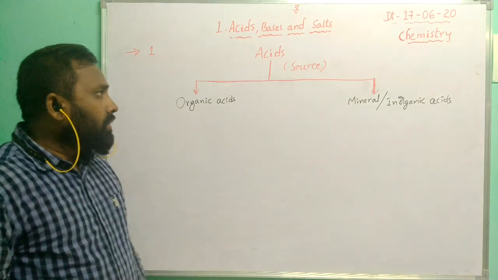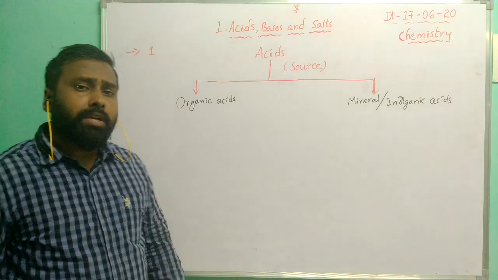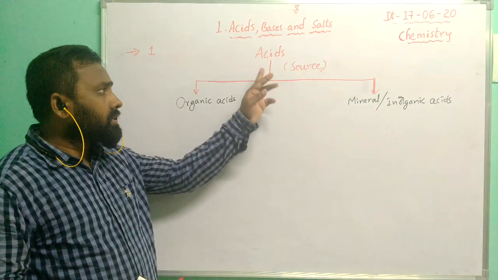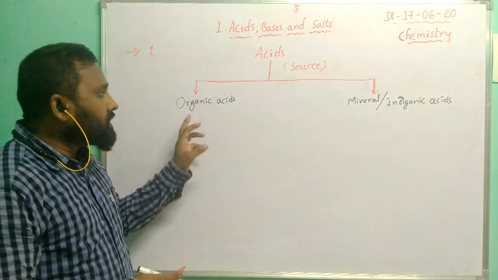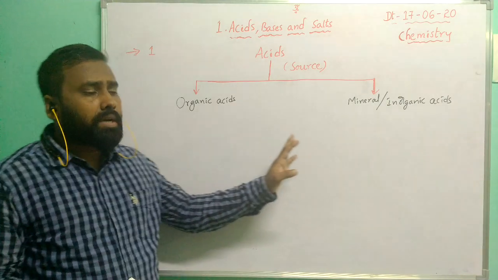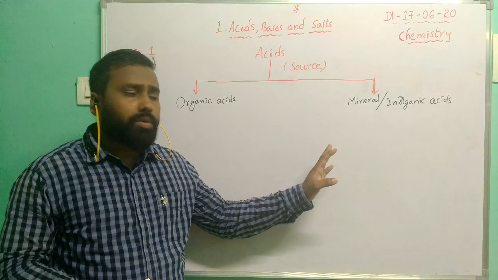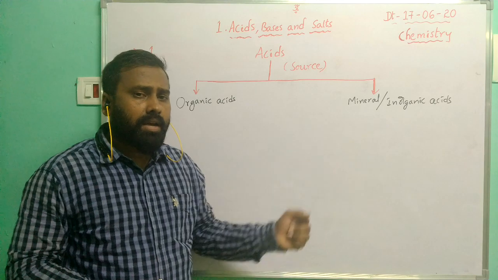Now we discuss the first classification. Acids are classified into two types based upon the source. One is the organic acid and the second one is the mineral acids, which are also called inorganic acids.